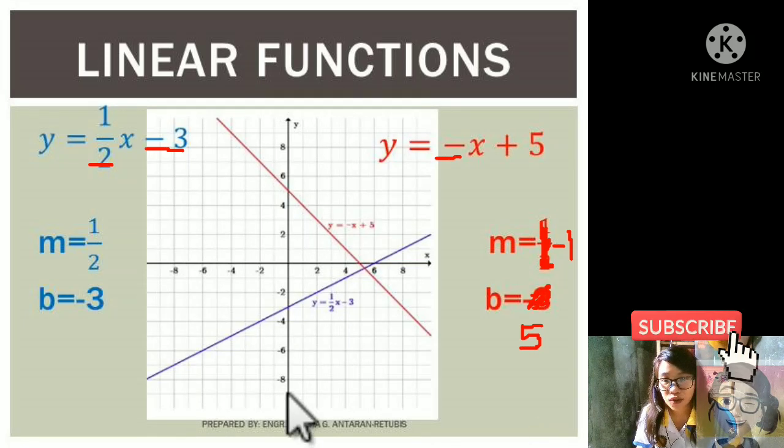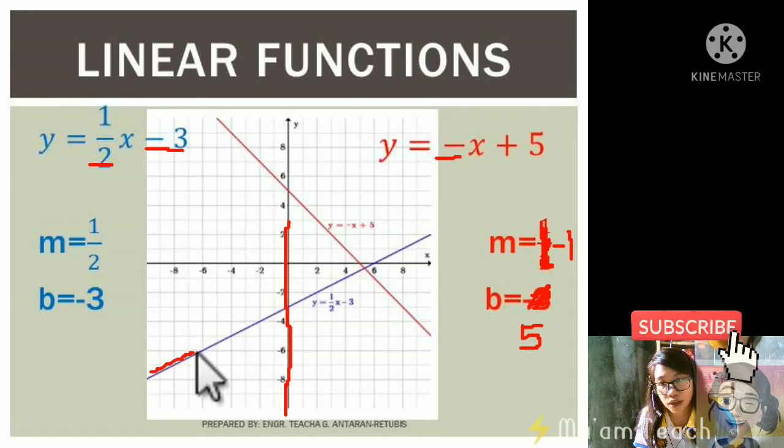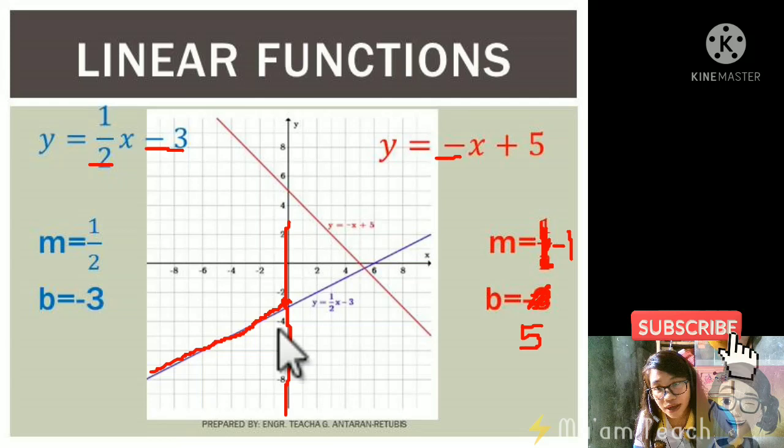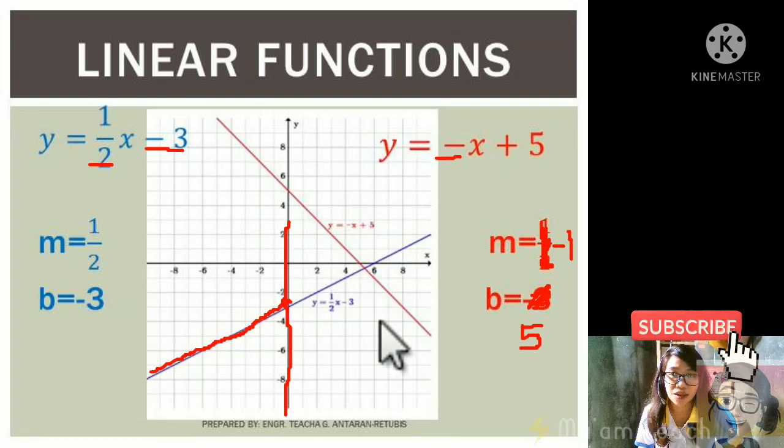Now take note, this is our y-axis, the vertical line here. Now where is the blue line? This one here. So if you trace that, this is the point where it intersects with the y-axis. So what is that point? As you can see, that is between negative 2 and negative 4, which is negative 3.